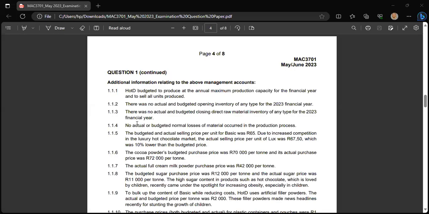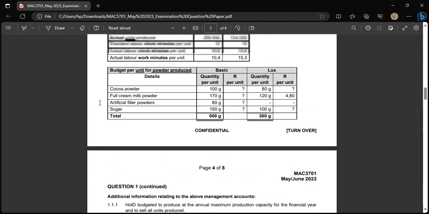Would that be wrong? Let me see where you are getting that. From what we calculated in A, the budgeted production units, I used those values instead of 130 tons times 1,000 kg.